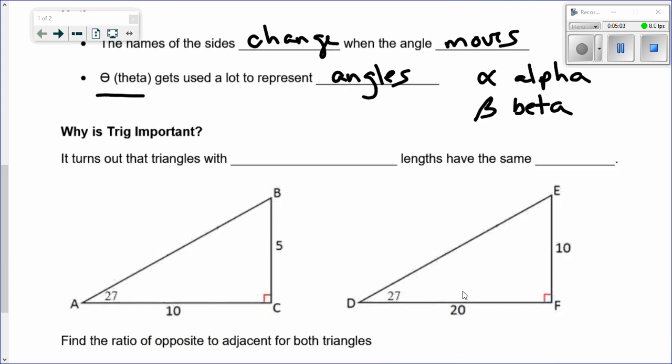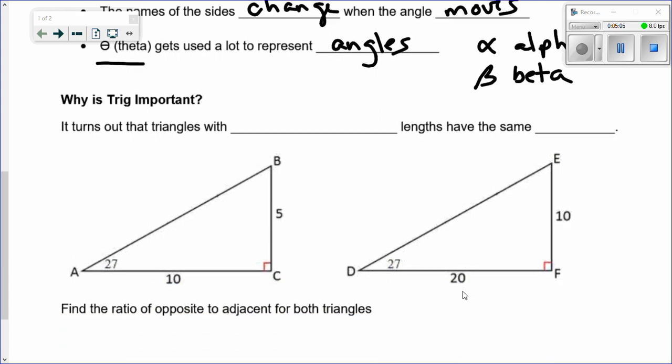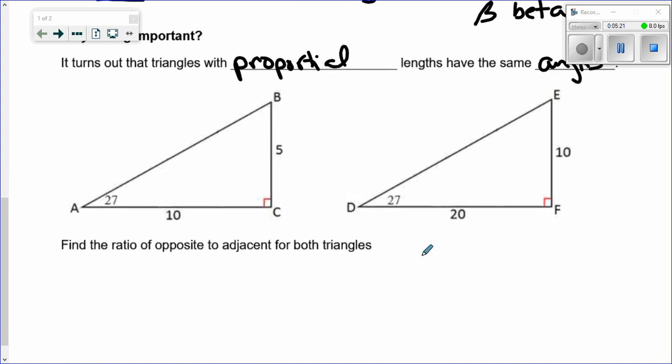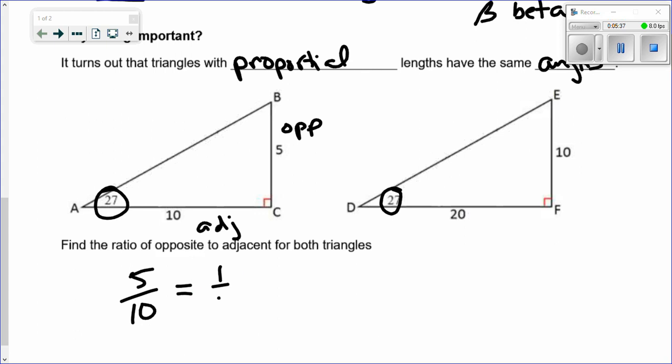So why is trig important? What is the point of us going through all this? Well, it turns out that triangles with proportional sides, proportional lengths, have the same angles. While that probably means nothing to you, I want you to notice on these two triangles, they have the same angles. So when we find the ratio of the opposite to the adjacent, we get 5 over 10, which reduces to 1 over 2, or 0.5 if you prefer the decimal.